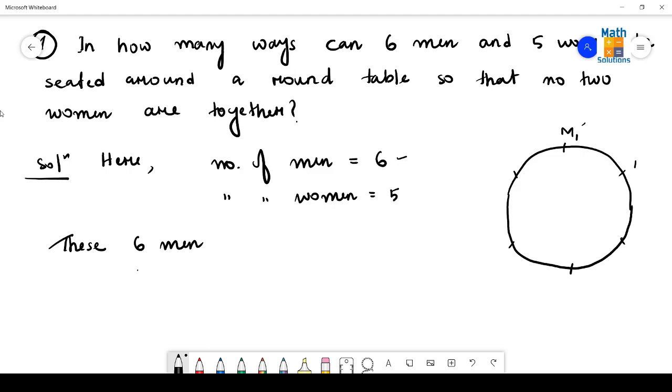Let us consider this to be the second man, then the third one, the fourth one, the fifth one, and the sixth one.